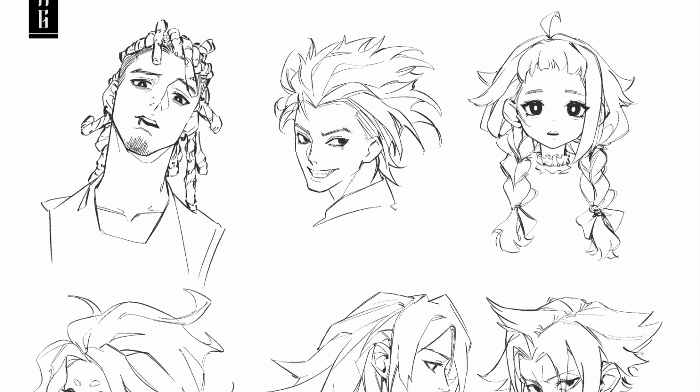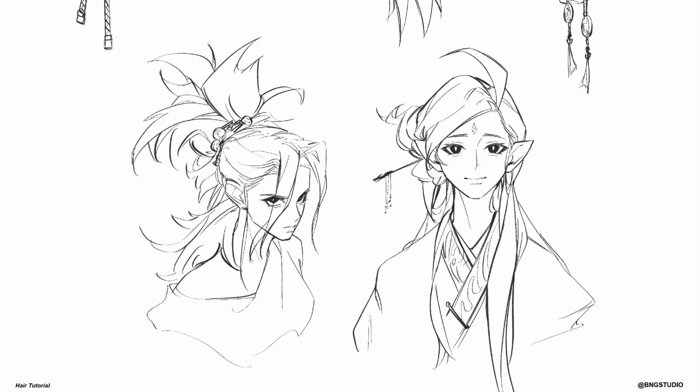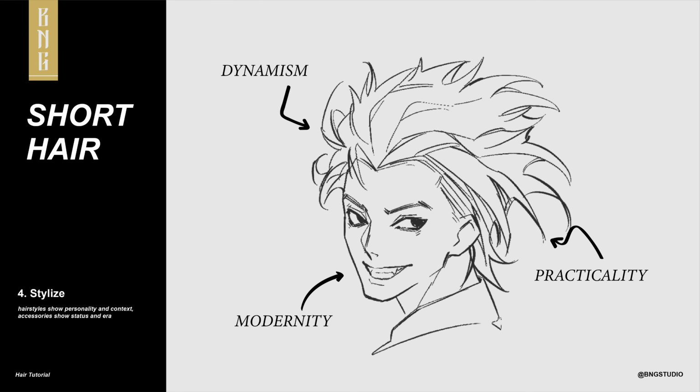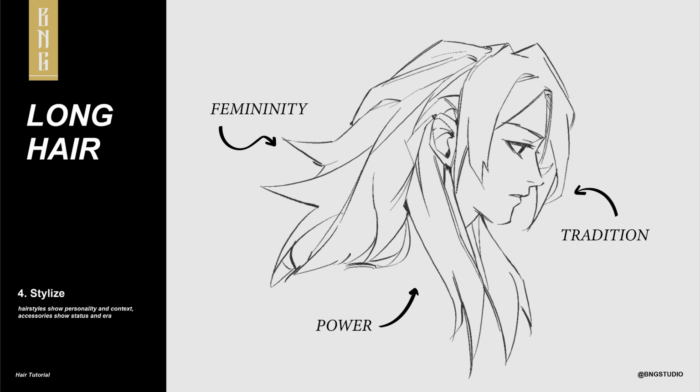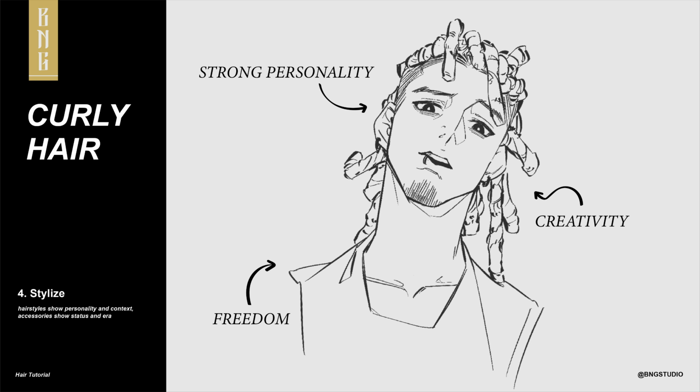When styling the character, hairstyle plays an important role in expressing their personality and life context. For example, short hair expresses dynamism, practicality, or modernity. Long hair expresses femininity, tradition, or power. Curly hair suggests freedom, creativity, and strong personality.